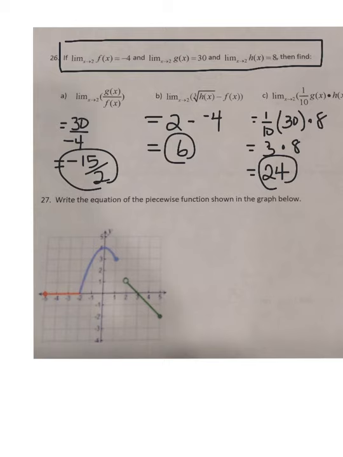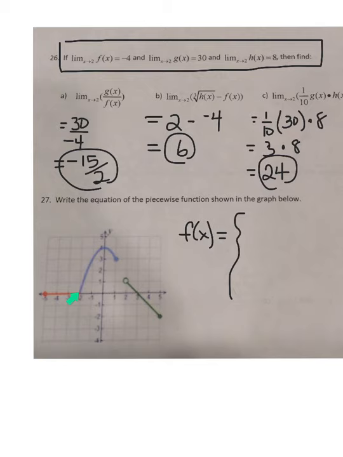Okay, last one, we have to write a piecewise function. So piecewise function. We've got 3 parts of this graph. Okay, so the first part on the far left, I'm going to work my way left to right. I am looking at this little segment right here, and it goes from -5 to -2.